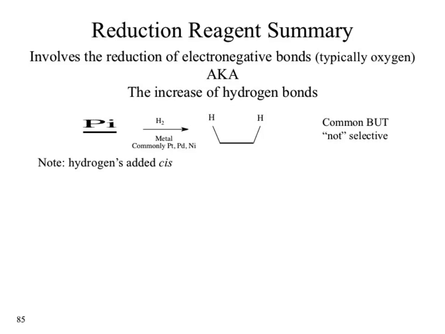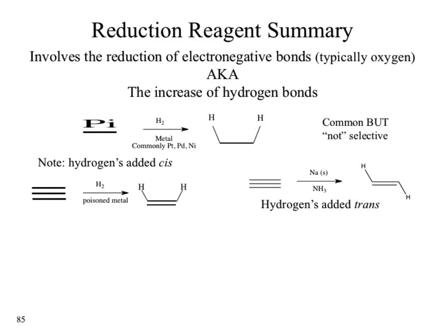Okay? What happens with the new section? Well, not quite the new section. There's our triple bonds. We bring in our triple bonds, we now have some selectivity. We can take hydrogen and a poisoned metal. That poisoned metal is typically platinum or palladium. But if it was just platinum or palladium, it would be the same reaction, so we have to poison it.